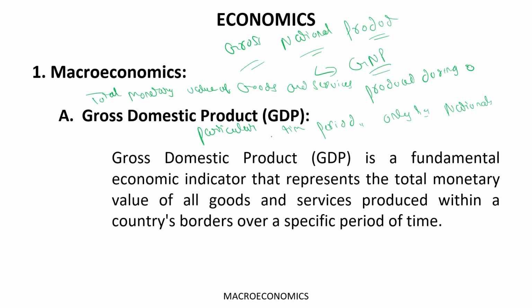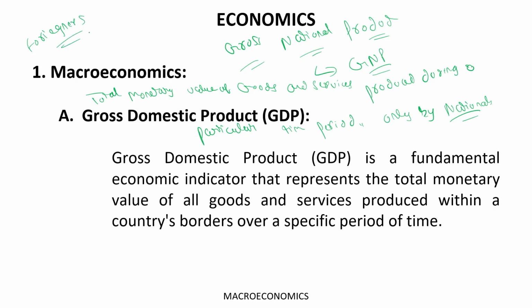So the gross national product stands for the total monetary value of goods and services which are produced during a particular time period only by the nationals. In this condition, we do not include foreigners.